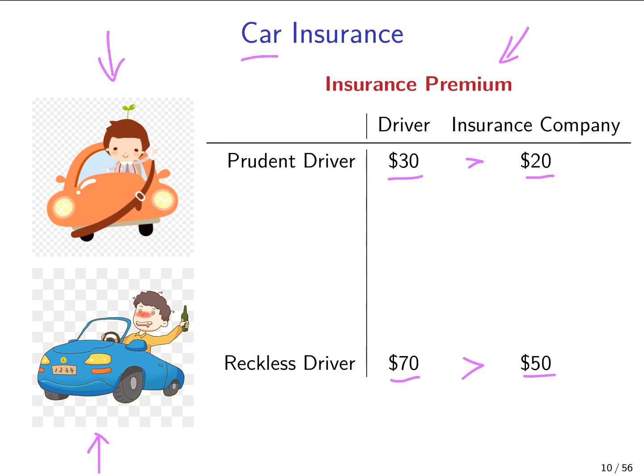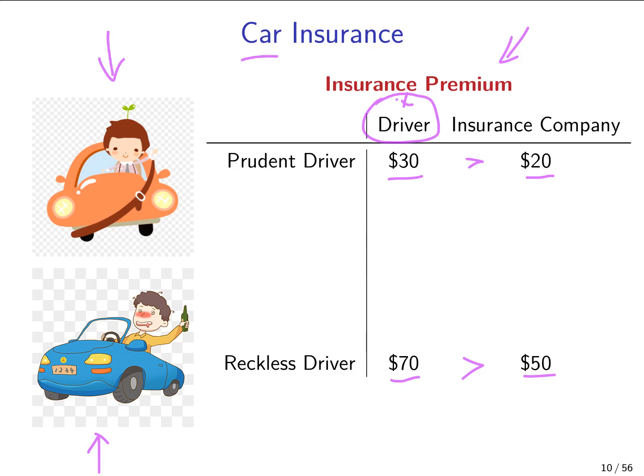Assuming that they have the same size in the population, again, there is information asymmetry, except that now it's not the seller of the goods or service having more information, but rather the buyer of the insurance, the driver, who has more information. So the driver knows whether they are a prudent driver or a reckless driver.